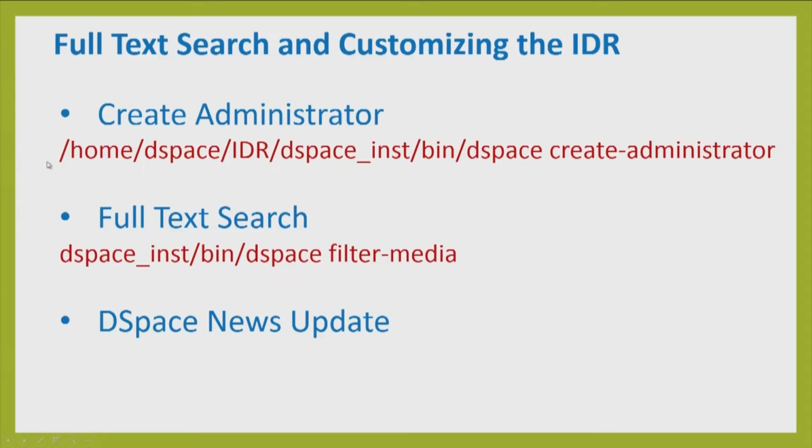Using that I can create a new administrator in my DSpace. And we will go through the filter media command, which will enable us to create a full text document so that full text can be searched, and then we will update the DSpace news, and some more updates we will do. So, first we will try to see this.